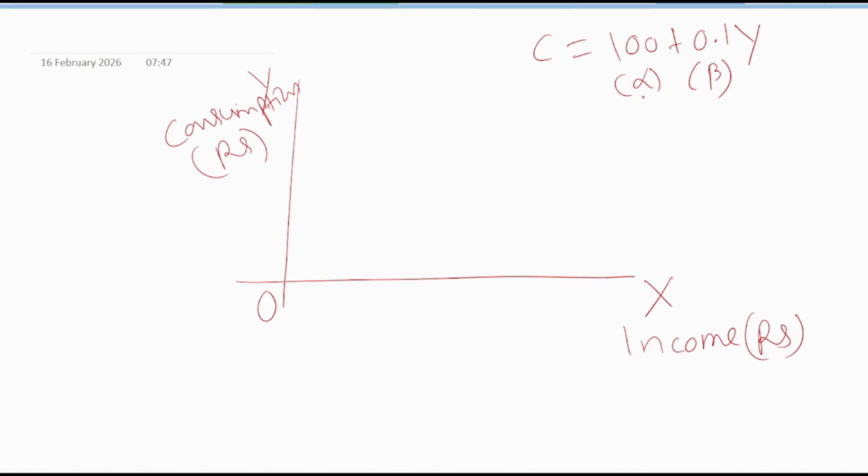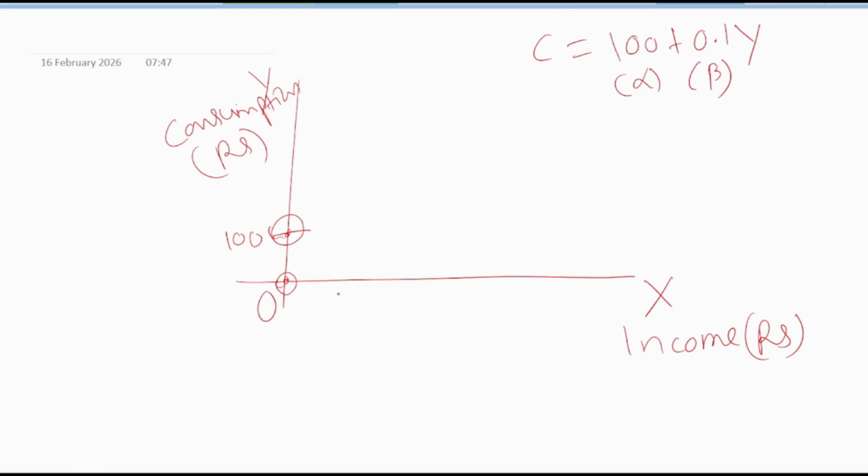Now this alpha shows that when income is equal to 0, our consumption is equal to 100. That is called autonomous consumption. Even if the person is having no income, he has to consume something for survival. When income is equal to 0, consumption is equal to 100.